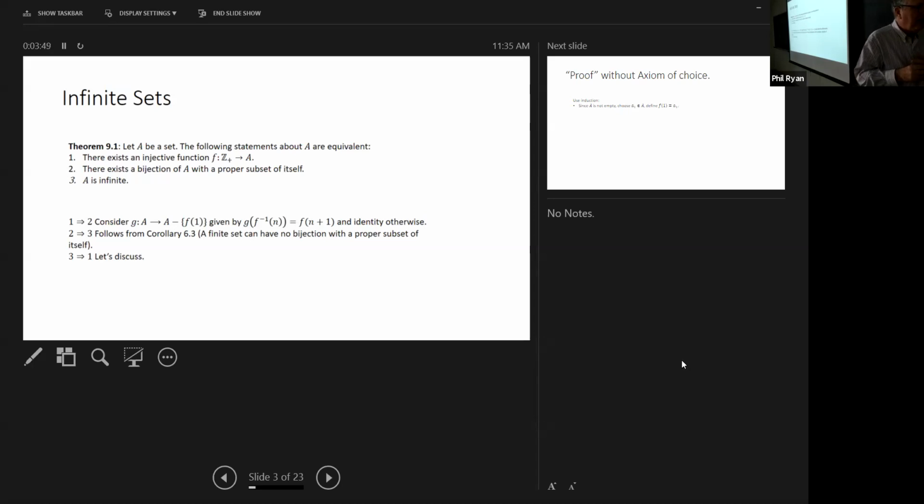Then we see that this is a bijection onto this proper subset of itself, because g is an injection. It will cover the entire image of f, just missing that one element, and it works.